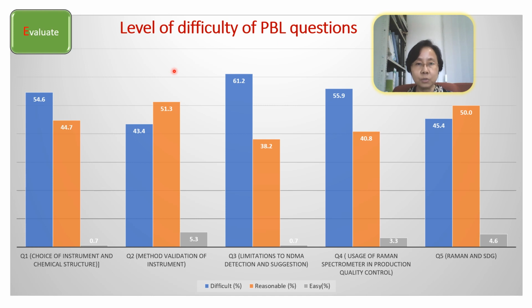In the questionnaire survey, most students find the PBL questions difficult, but in the midterm test after the PBL sessions, more than 80% of the students could answer the questions correctly regarding the analytical instruments used for analysis. This shows that the PBL managed to train their critical thinking.